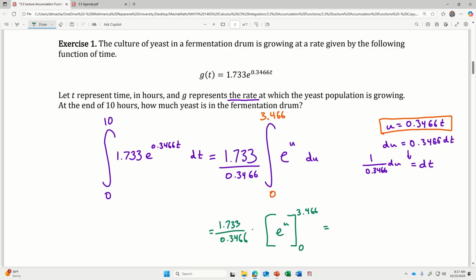Go ahead and divide. I'll just write 0.6007 times e to the power 3.466 minus e to the power 0.